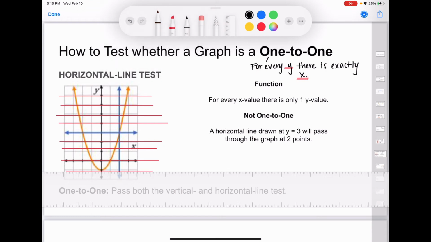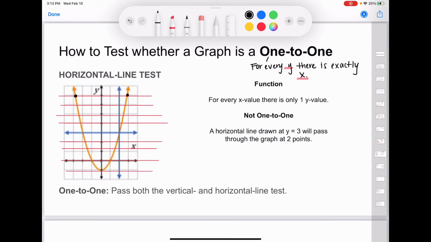And so we want to see if there's any repeated coordinates on each of those lines. And as we can see, there are in fact repeating coordinates on almost every line. And so that would mean that this isn't a one-to-one function, because for every y, there is more than one x.